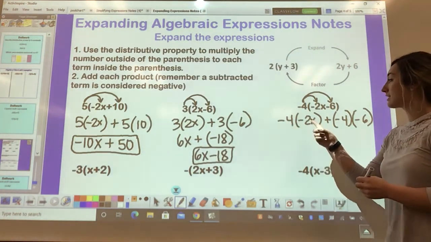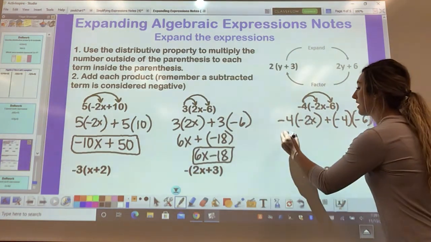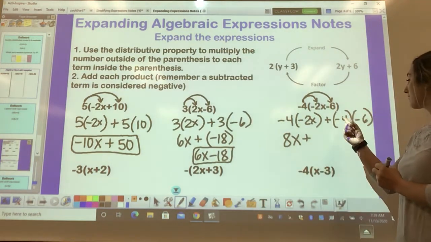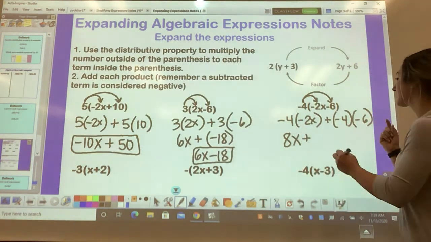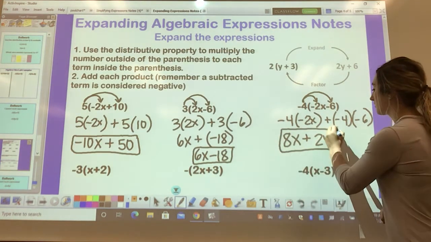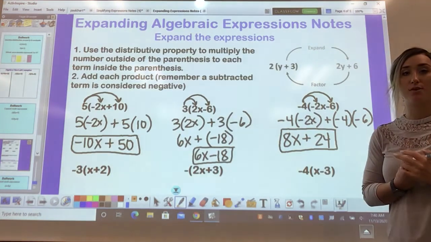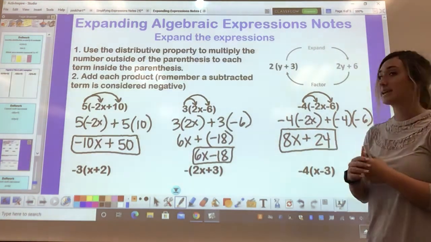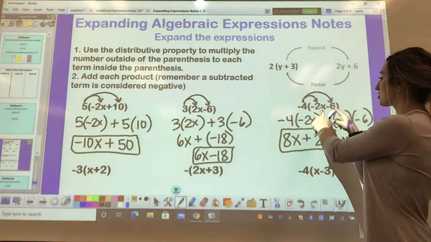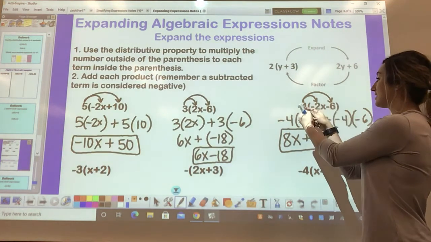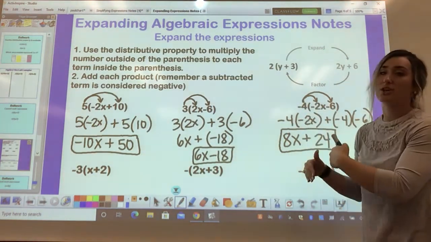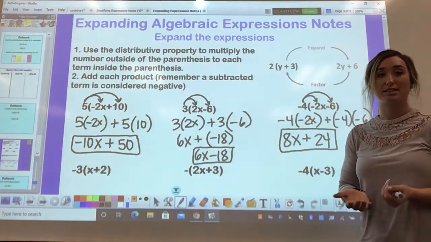Negative 4 times negative 2x would be positive 8x, plus negative 4 times negative 6 is positive 24. So 8x plus 24 would be our expanded expression. And you'll notice both of these terms in here were negative, and since we multiplied it by a negative, those canceled each other out and made our entire expression positive.